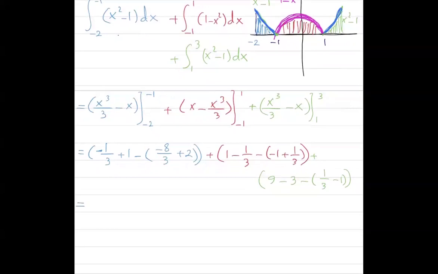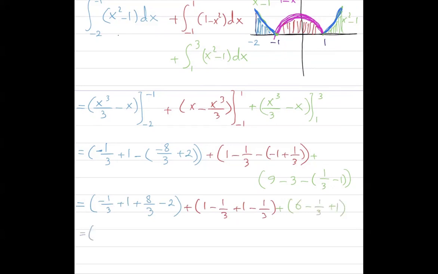Perfect. So let us do the algebra. If you take a common denominator here, or maybe we can simplify this guy first, you get negative a third plus 1, and you have plus 8 over 3 minus 2. And the middle integral is 1 minus a third plus 1 minus a third, plus the third integral, 6 minus a third plus 1.